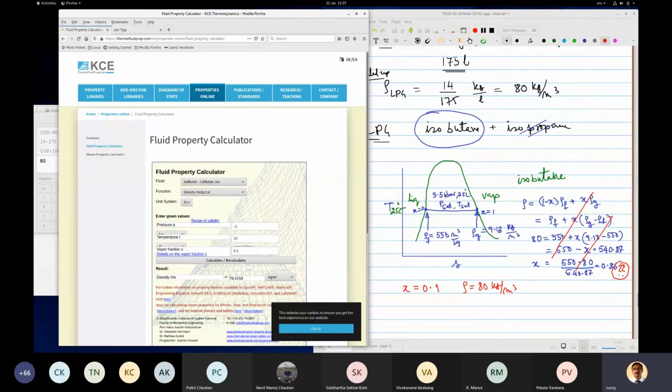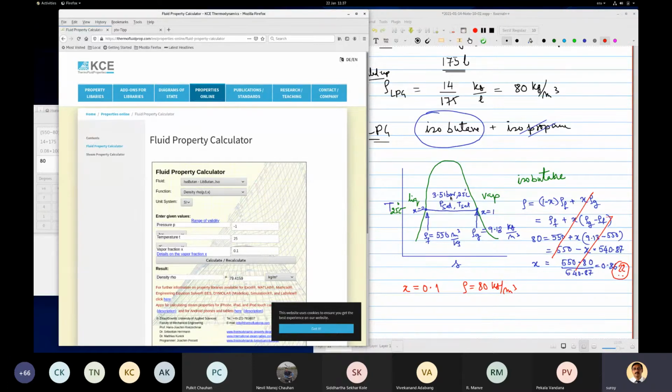At home, when you get the LPG cylinder at 25 degrees centigrade, it is about 3.5 bar. When you go to the gas station and they fill it up, 10 bar is fine.